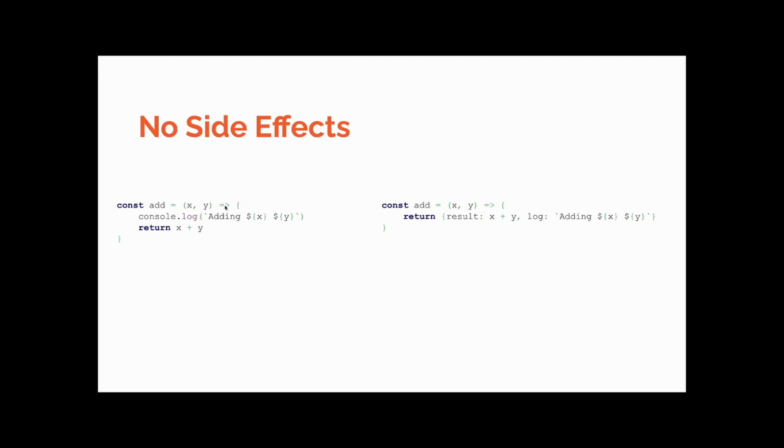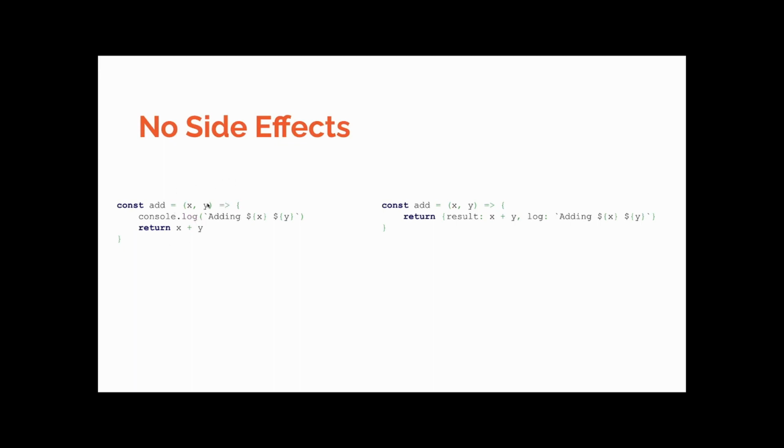the arrow syntax for declaring a function, but in the functional programming domain, this is not a function because what it does is add something to the console, and the console is something outside the scope of this function, and you're affecting the outside environment by logging something to the console.